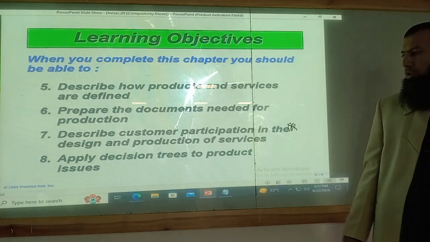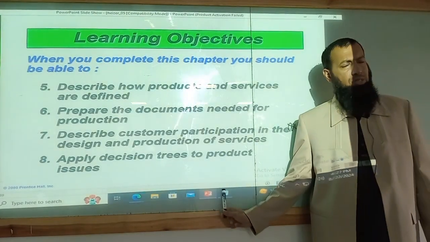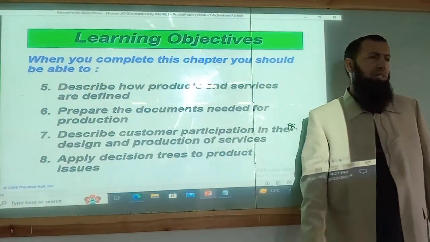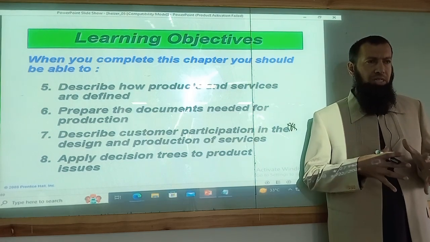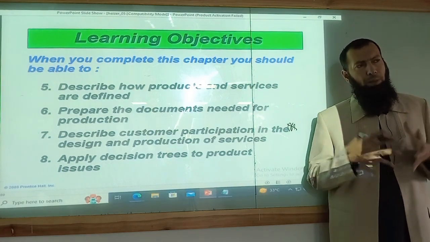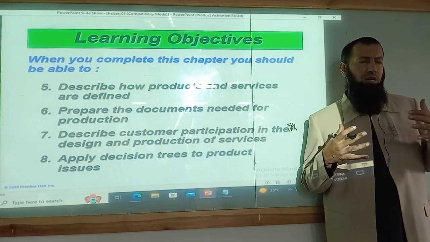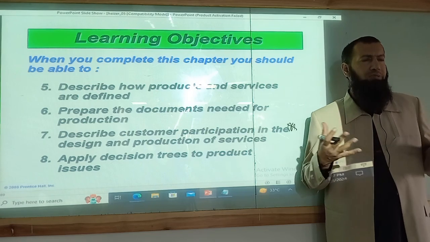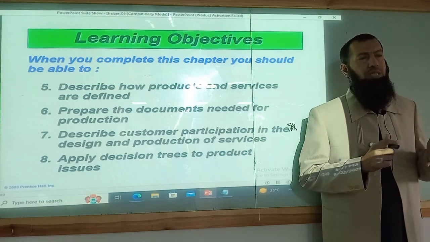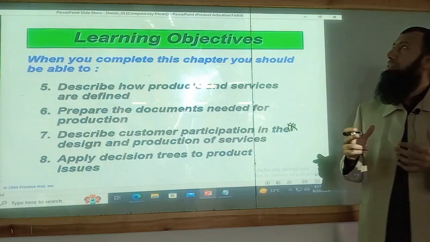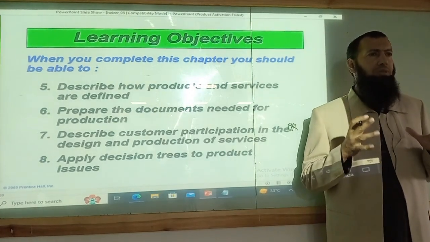Apply decision trees to product issues. We will not be studying decision trees over here. We will be studying them in some other chapter, but not in this chapter. A decision tree is basically a concept in which probability is used, and through probability you decide what chances of success you have when you take a particular option. This is called the decision tree, because in decision making you require the chances of success.